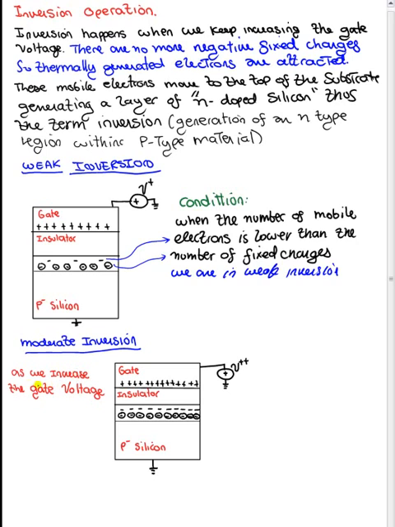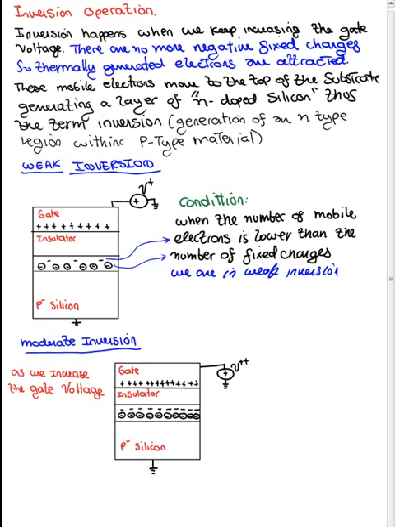As we increase the gate voltage, we have more positive charge stored in the gate. We start pulling more negative charge to the top of the substrate, but this negative charge is now coming in the form of thermally generated electrons. Look, the thermally generated electrons are the same in quantity as the number of negative fixed charges.